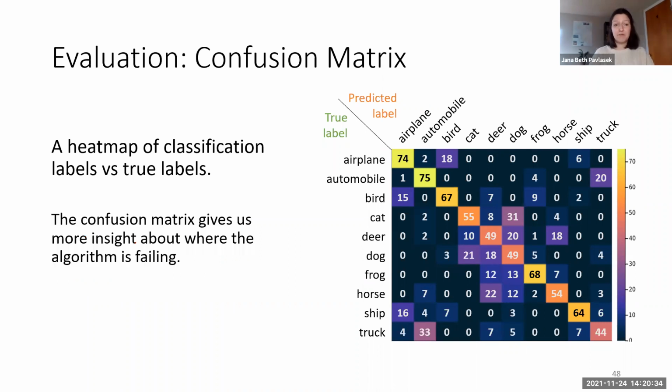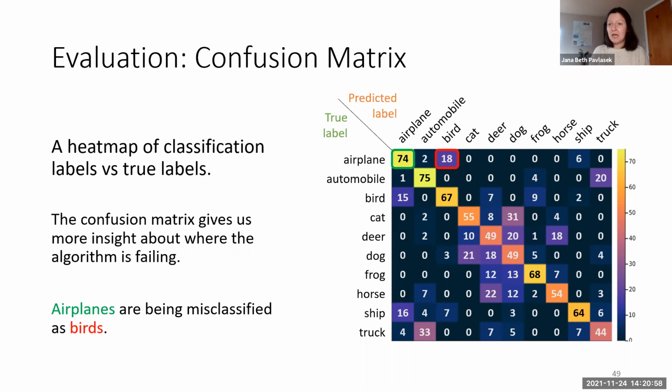What's nice about our confusion matrix is that it gives us more insight about our algorithm and what types of mistakes it's making. In this example, it looks like airplanes are doing a pretty good job of being classified, but just by looking at this confusion matrix, I can see that there's a good number that were misclassified as birds.